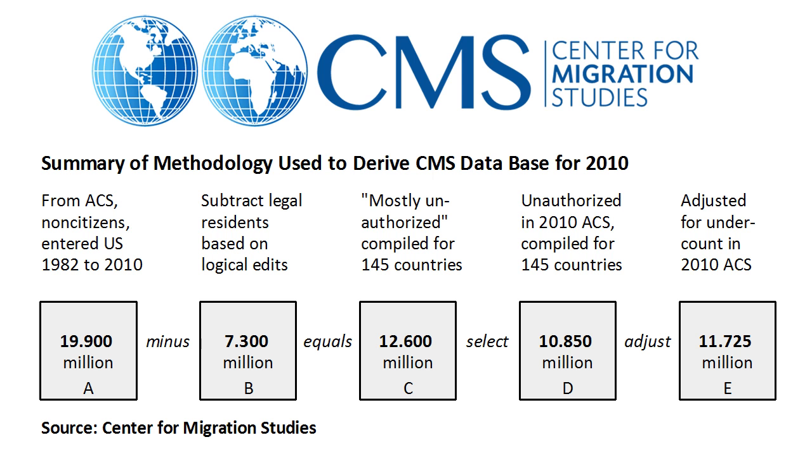Step B is 7.3 million that we identified with the logical edits, and that gives us Step C, which is 12.6 million. The next step, Step D, we selected 10.85 million to be in our database using country-by-country estimates that we derived separately, and that's described in detail in our paper.